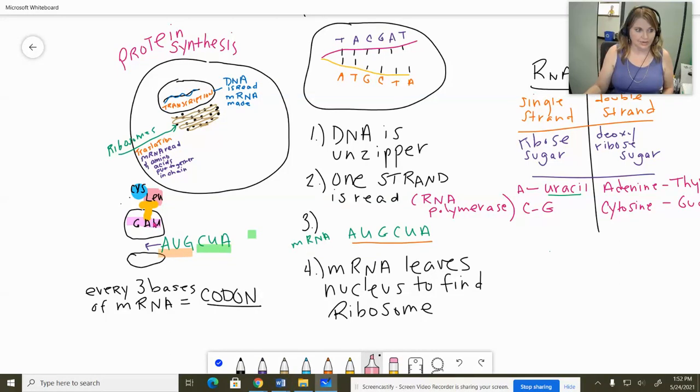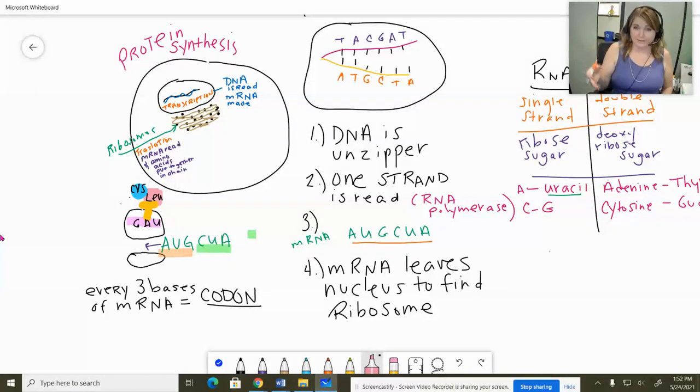The anticodon is complementary to the codon being read, and so if it complements, then it knows to leave behind its amino acid, and a bunch of these tRNAs just keep coming in and they form a whole chain of amino acids, which we call a polypeptide chain.